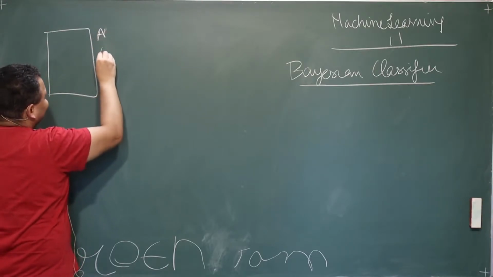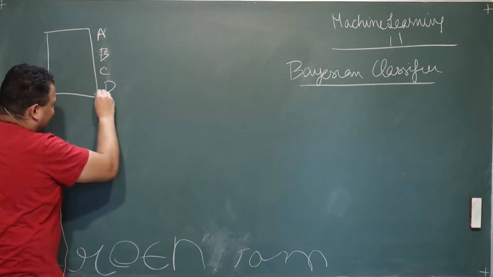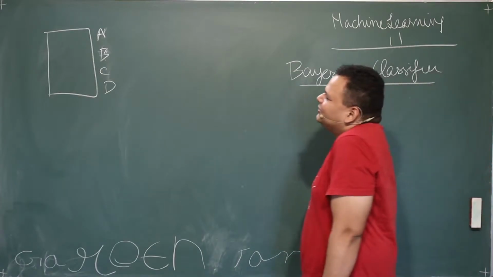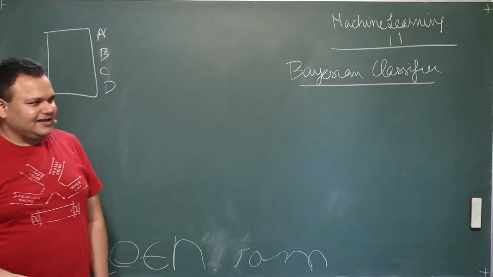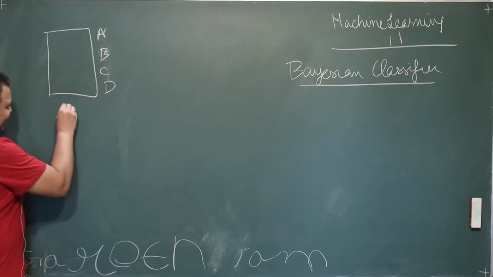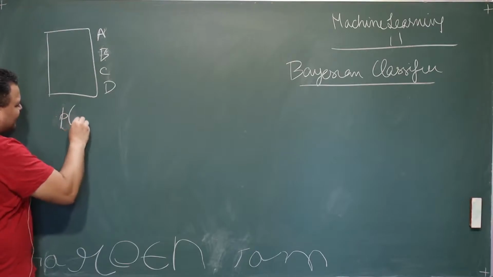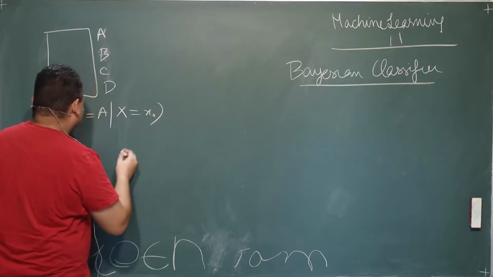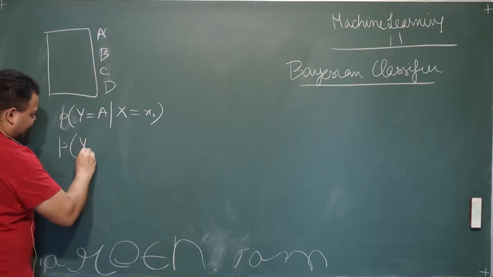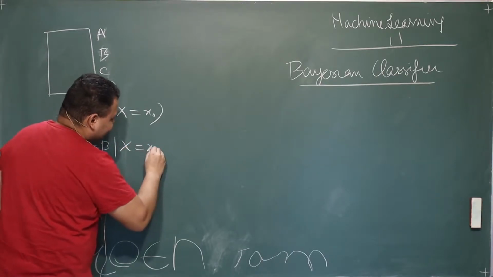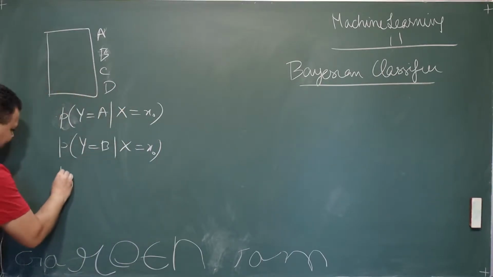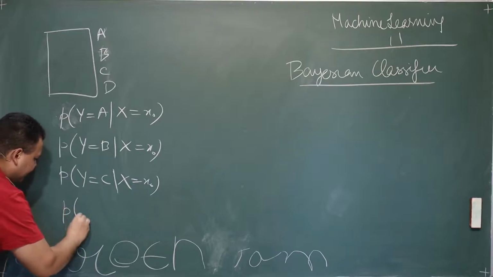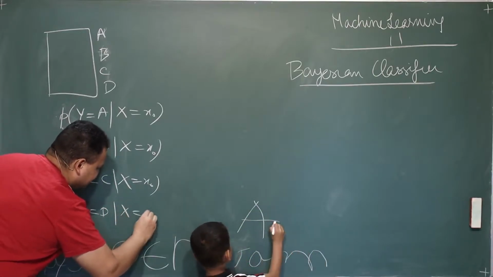The output classes are A, B, C, and D. Although it is intuitively easy to understand, if you find out the probability that y is equal to a for a given value of x, you find out these 4 probabilities: y is equal to b given x is equal to x0, where x0 is a specific input, and probability y is equal to c given x is equal to x0, and probability y is equal to d given x is equal to x0.